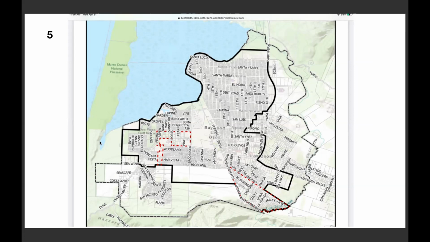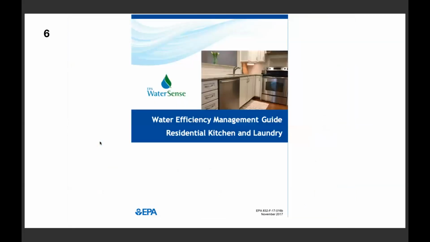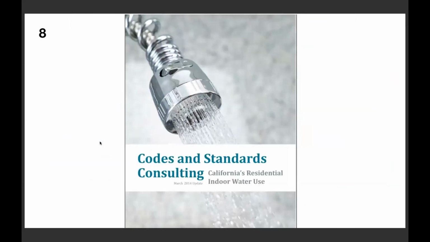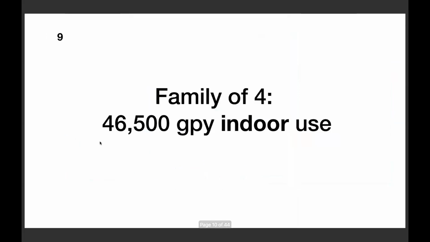To start with, the metrics for the offset the county uses are taken from multiple sources. Codes and Standards estimates that a California family of 4 will use over 46,000 gallons of water per year indoors.